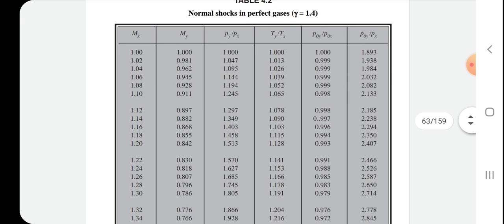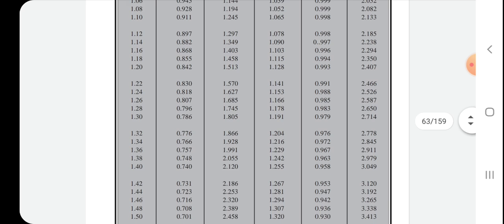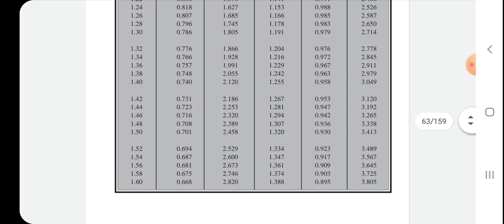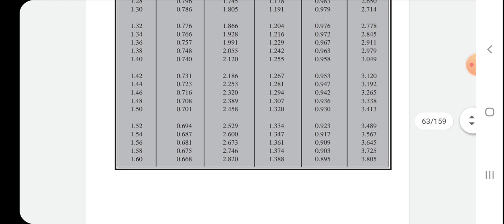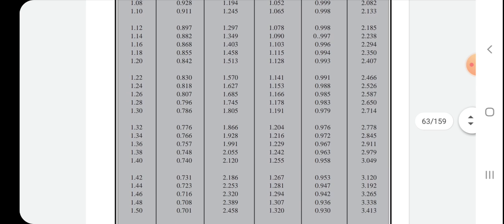Mx means upstream Mach number, My means downstream Mach number. Our upstream Mach number is 1.6, and for 1.6, the corresponding M2 is 0.668, right?